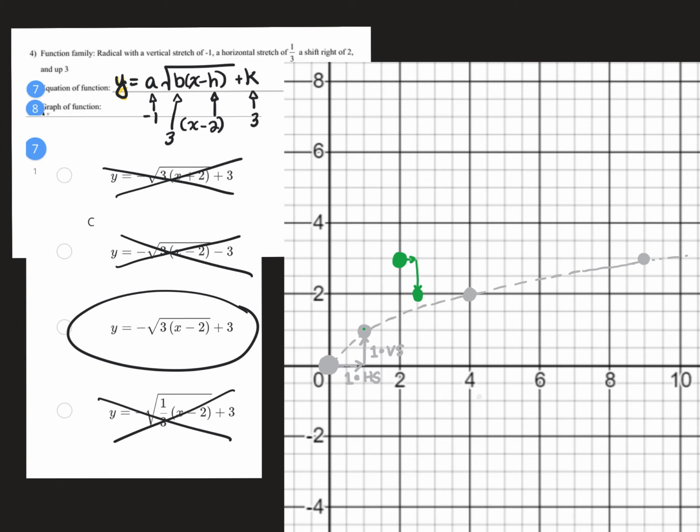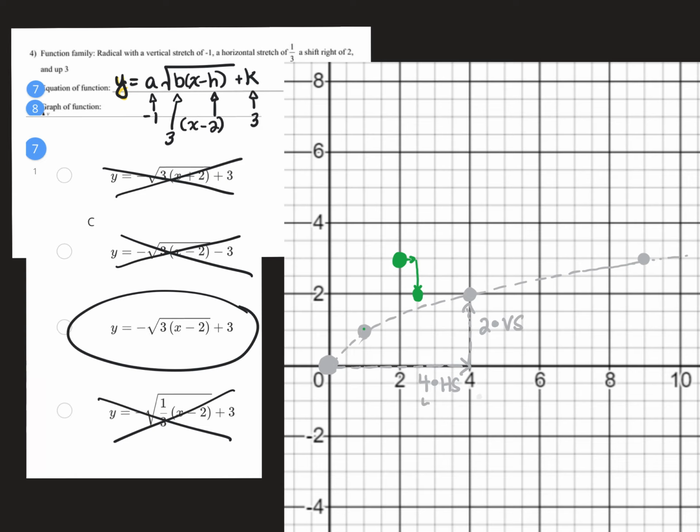All right, let's talk about the next set of movements. Let me get rid of this so we have some space to work. So next up, our normal movement to get to the next point is to go right 4 and up 2. But remember, we're going to multiply our right-left movement by our horizontal stretch and our up-down movement by our vertical stretch.